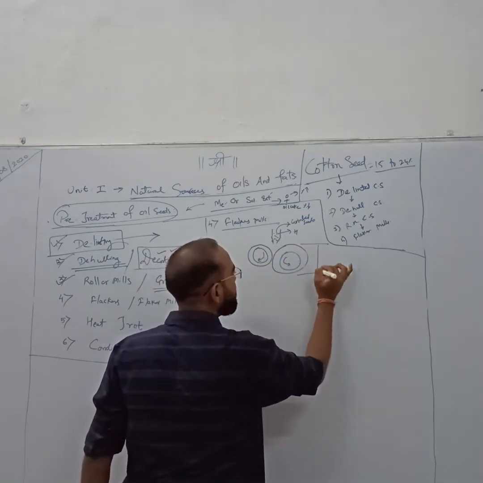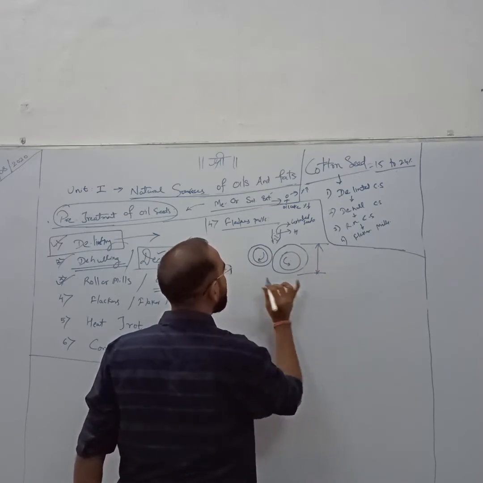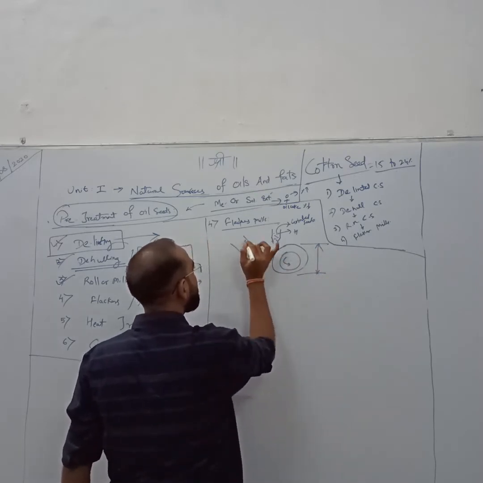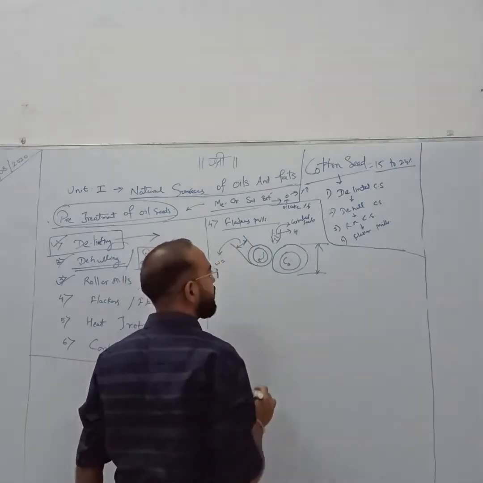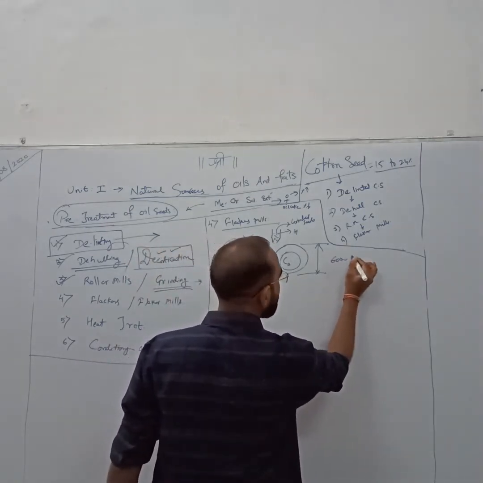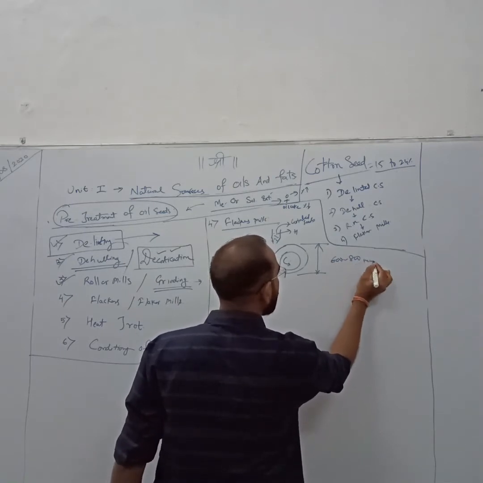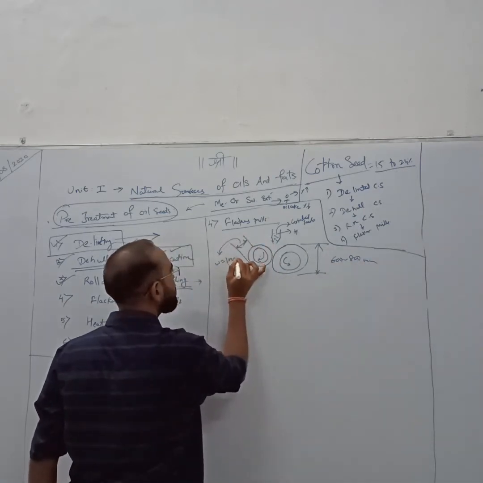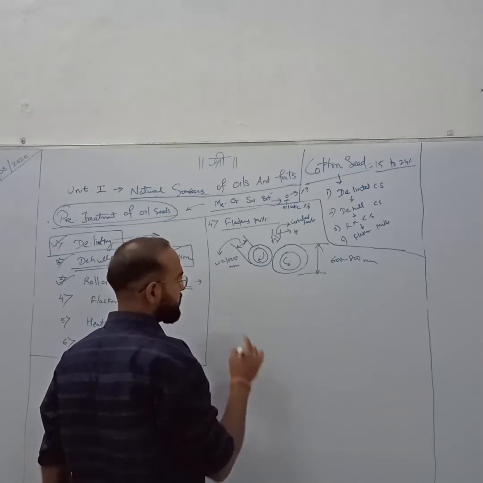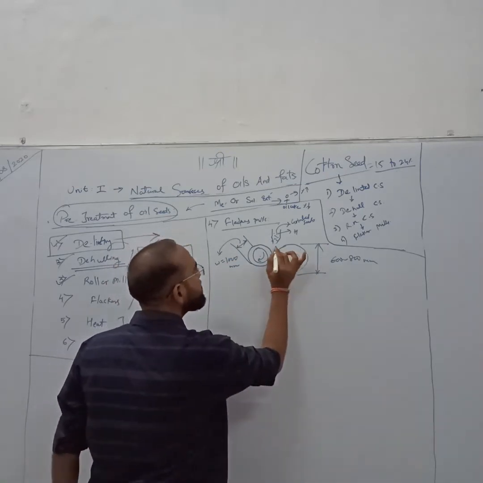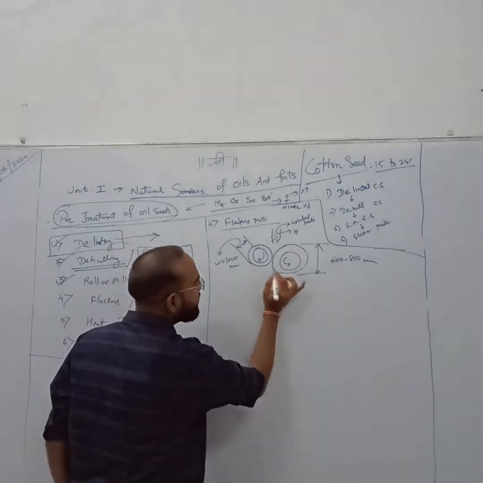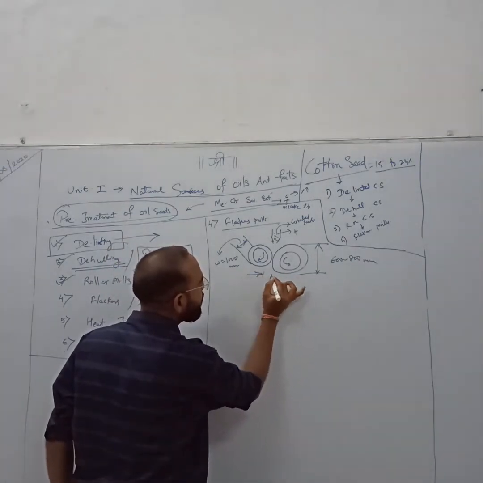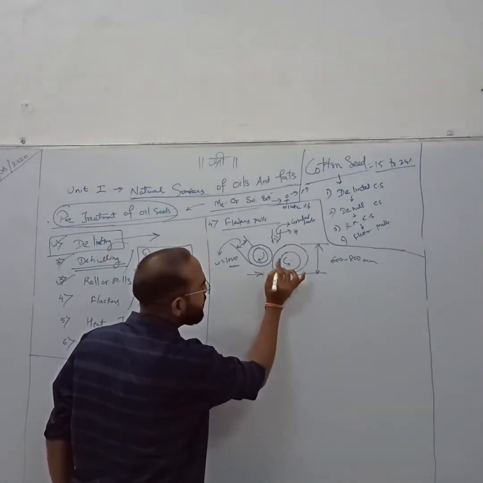A specific diameter and a specific width. Diameter is higher, around 600 to 800 mm, and width is around 1000. Now the seeds are sent to the flaker mills, but the main difference between flaker and roller mills is the difference between two rollers.